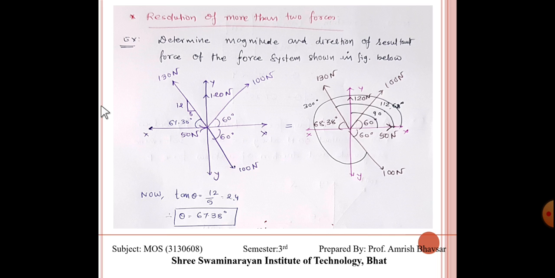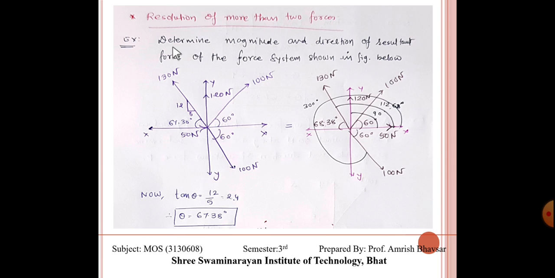We know that the resultant is always a single force, and we can calculate its direction. But when a number of forces act on a body at a point, how do we get the resultant force? That we are going to understand now.